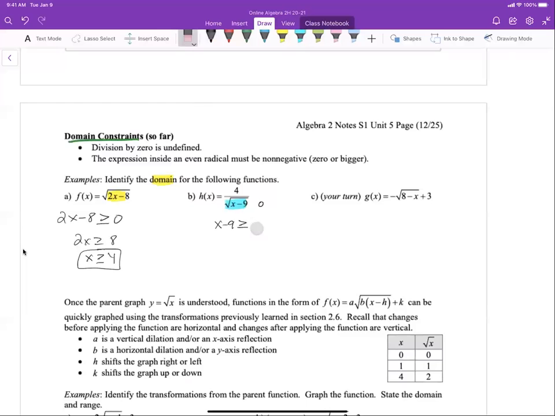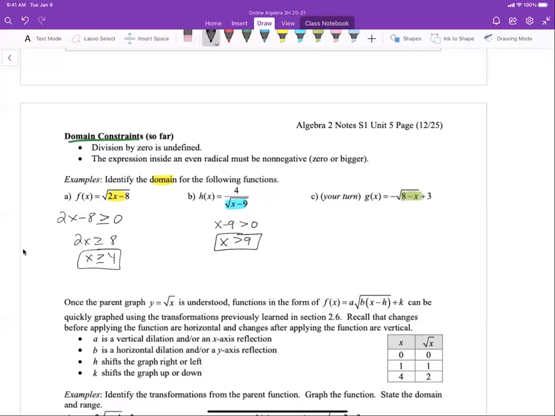So in this situation, the value underneath the radical has to be greater than 0, and so x has to be greater than 9. Because I can't divide by 0 and the value underneath the radical has to be greater than 0. Why don't you try one yourself?